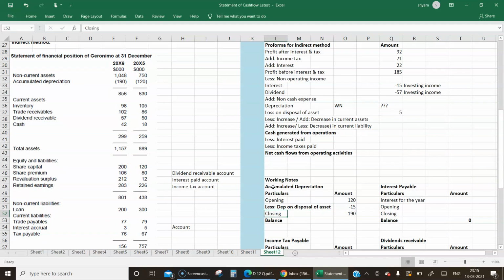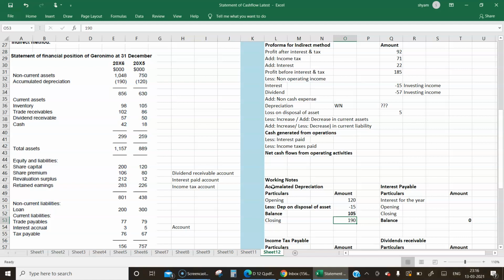So the balance should be 105, but it is 190. So it refers to depreciation alone being around 85.